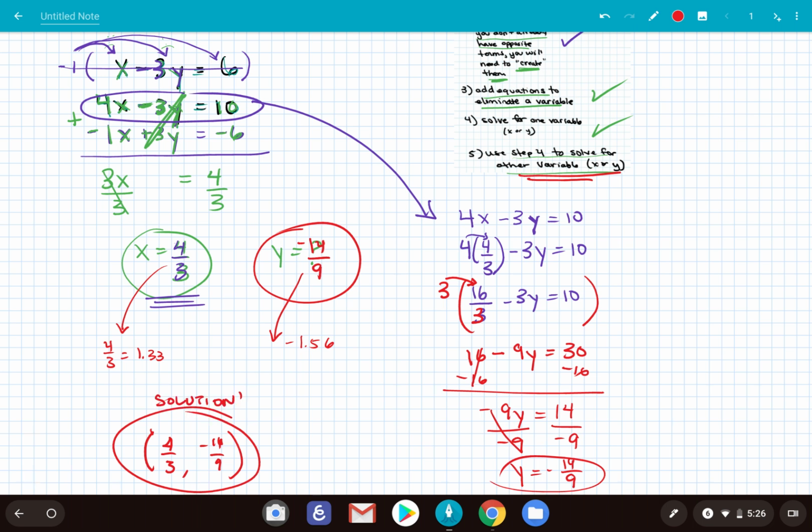Another thing you can do is check on Desmos. So what I'm going to do when I check on Desmos is I'm going to graph these two equations that I started with, and I'm going to verify that they cross each other at this point.